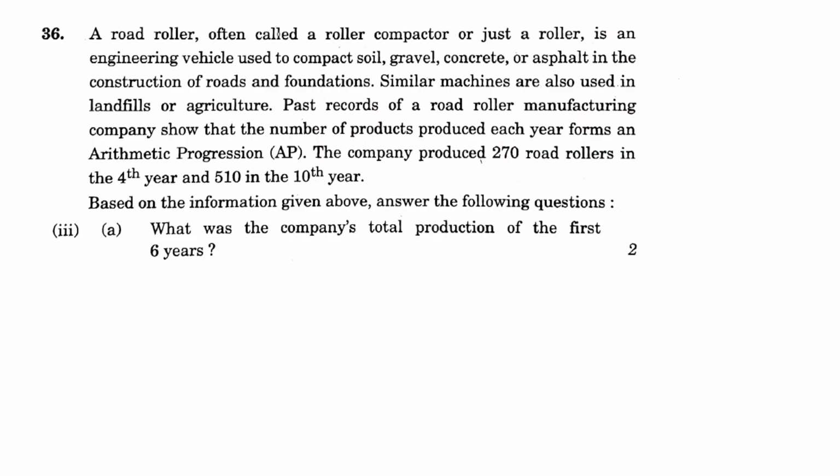Now the third part was, what was the company's total production of the first 6 years? That means you have to find the sum, S6. The formula for Sn is n by 2 times 2a plus n minus 1 d. Now here you have to substitute n as 6. So it will be 6 by 2, 2a plus 6 minus 1 d.